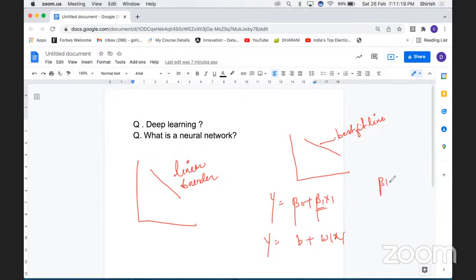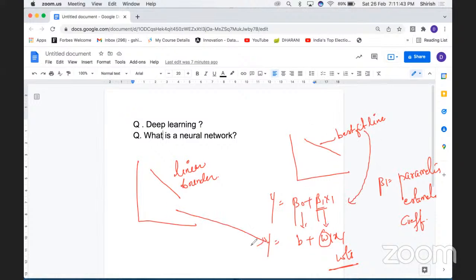However, there beta 1 is called a parameter, an estimate, a coefficient. Here this w1 is called the weight. Same equation, beta 1 is replaced by w1. This is the best fit line equation. This is a linear separable classification.